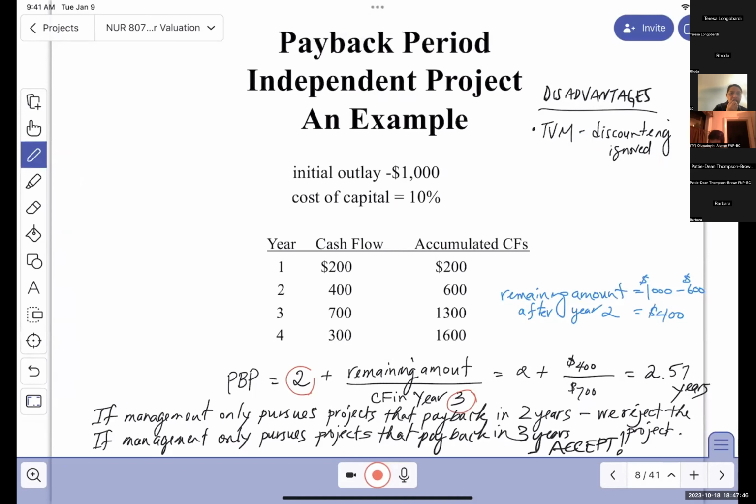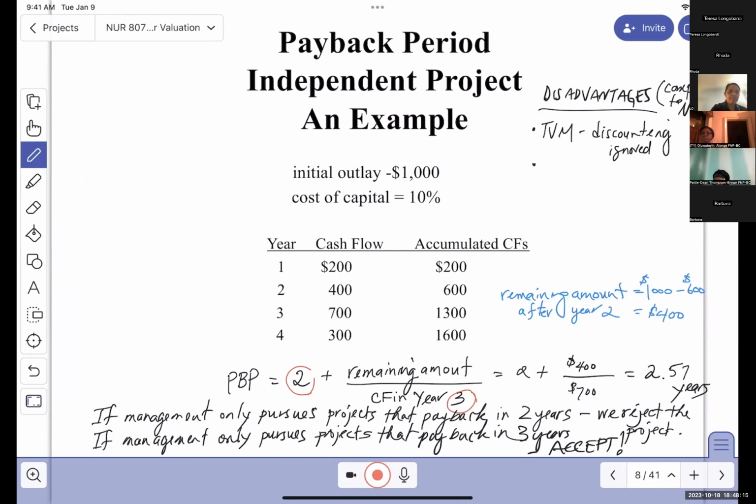What's another problem? Interest rate. Well, that's also going to be a problem for NPV. So what's distinct? Yeah, so I'm just going to tell you.